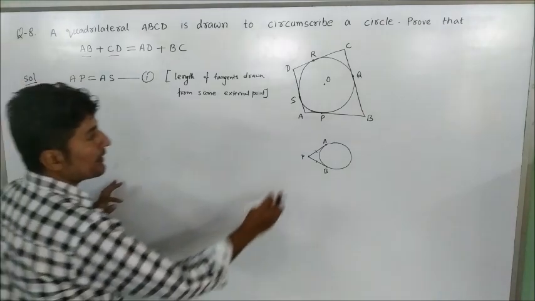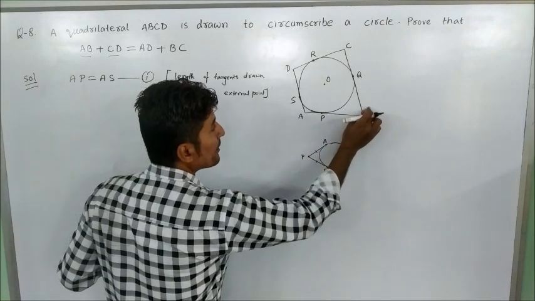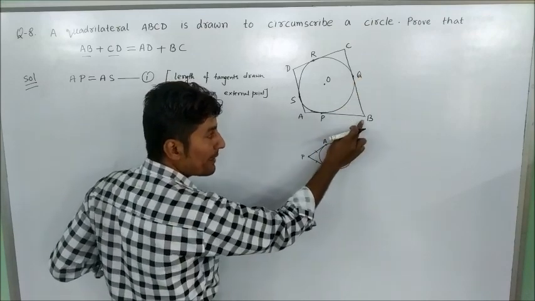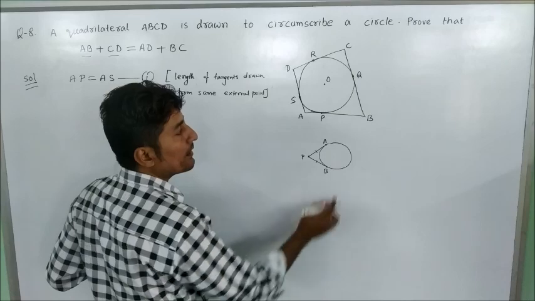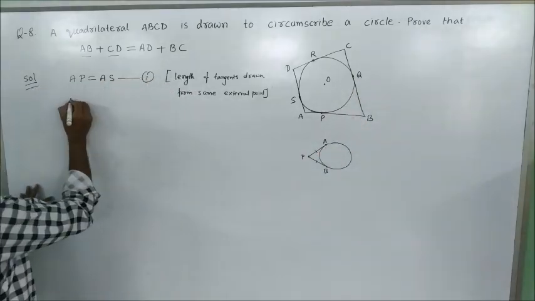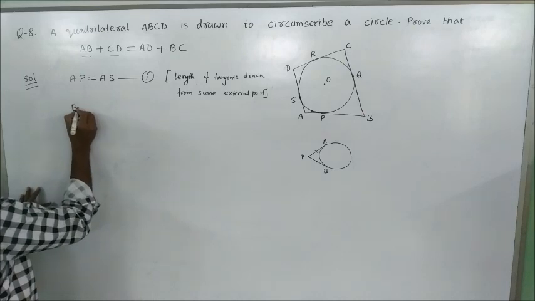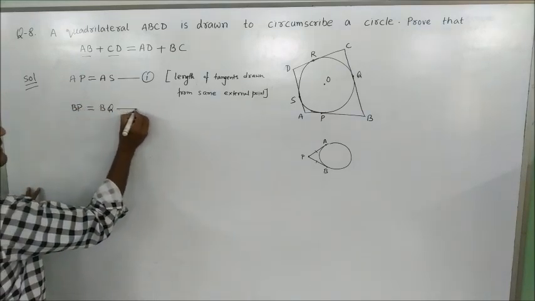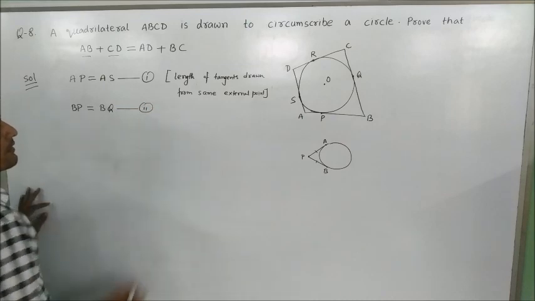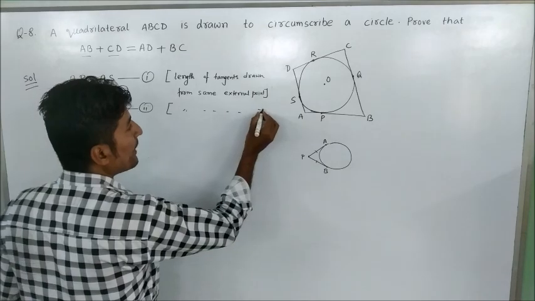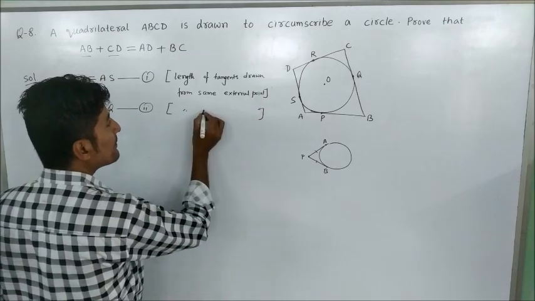Similarly, we can say that BP is equal to BQ because these two are the lengths of tangents drawn from the same external point B. This can be taken as equation number 2. The reason will remain the same, and we have to write the same reason here also.